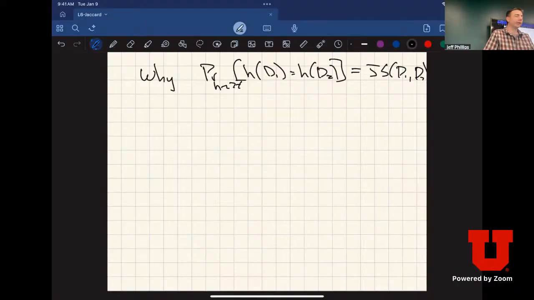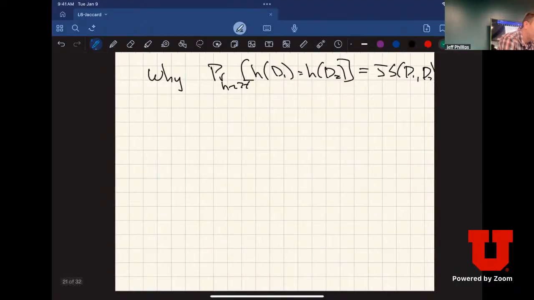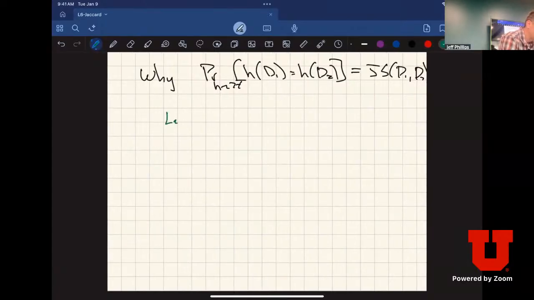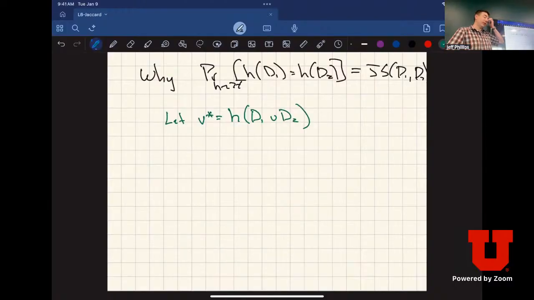Okay, well, so let's consider, let V star equal the hash of D1 union D2. I took the union of both sets. I looked at V star. This will always return some value V star.